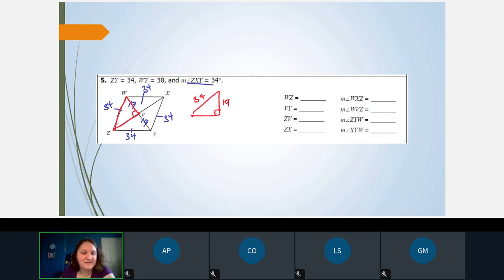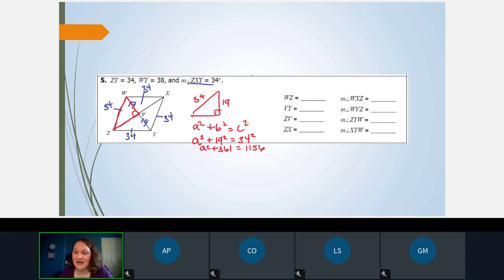Okay, so let's find our missing leg. A squared plus B squared equals C squared. A and B are the legs, so let's call A the missing leg. 19 is the other leg, and 34 is the hypotenuse, or the longest side. Well, 19 squared is 361. 34 squared is 1,156.